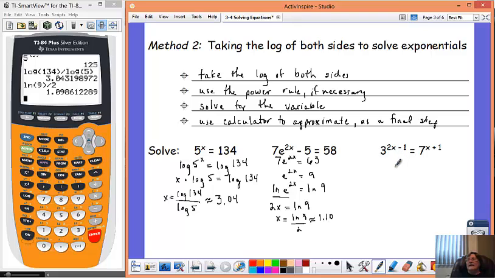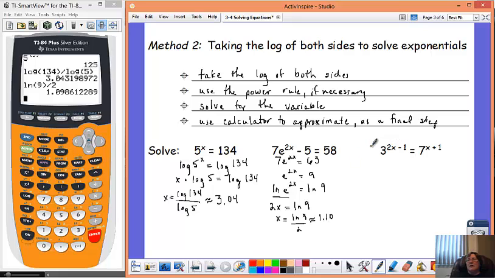The last of these problems looks a little bit more complicated than the others, and it is. Okay, we've got exponents that contain variables on both sides, and we have non-equal bases. So we're going to have to do a little bit of legwork on this one, but let's start by taking the log of both sides.